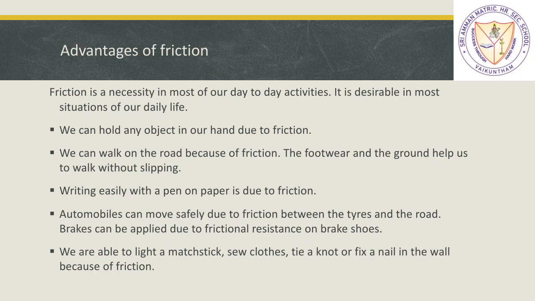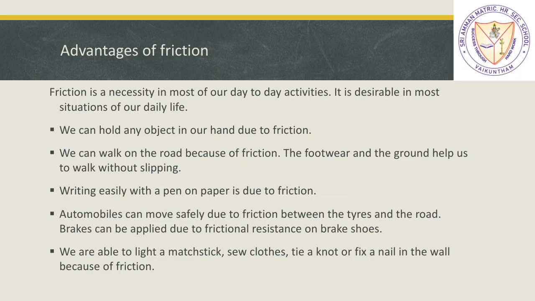Similarly, in our day-to-day life, any surface which has some oil or any polished surface becomes very difficult to walk on. But on a rough surface, it is quite easy to walk, because of the presence of friction there.